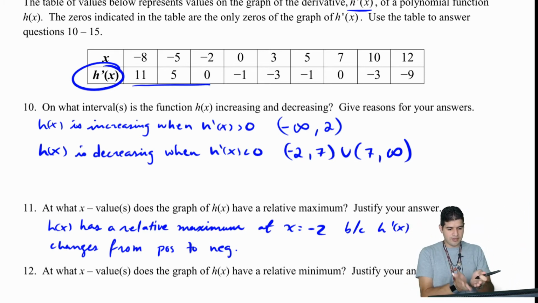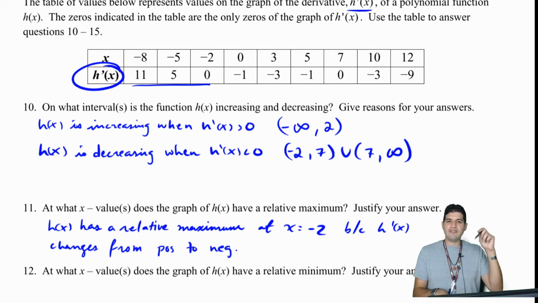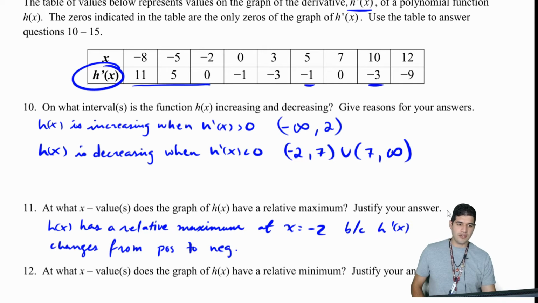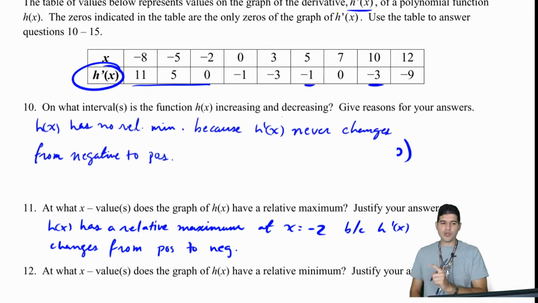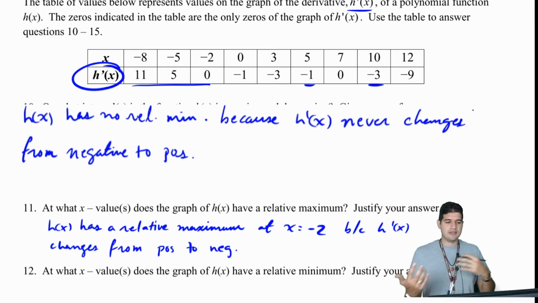Where are we changing from negative to positive? I'm looking at this table, and we don't have any negative to positive changes. Here it's going from negative to another negative. So we don't have any definitive proof of a change from negative to positive, so we can't say that we have a relative minimum in this case.